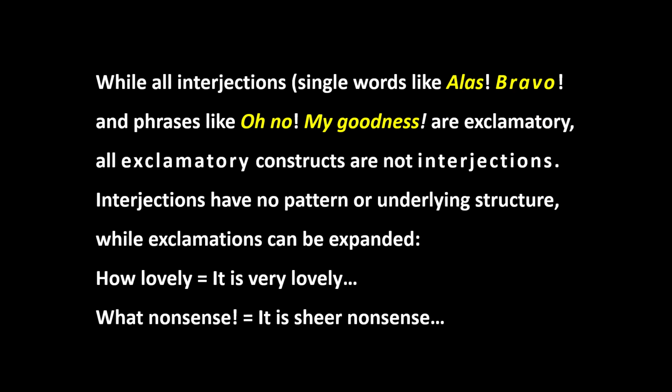Interjections have no pattern or underlying structure, while exclamations can be expanded. Alas, you cannot expand. But how lovely, you can expand: it is very lovely. What nonsense, you can expand: it is sheer nonsense. But alas, you cannot expand. So while all interjections are exclamatory, all exclamatory constructs are not interjections.